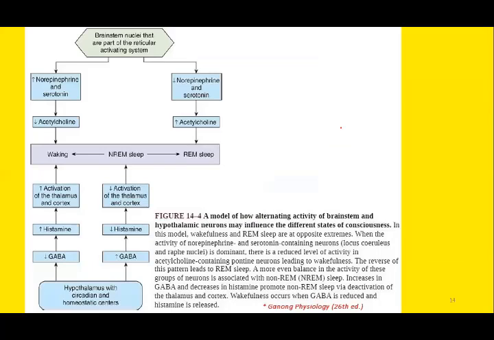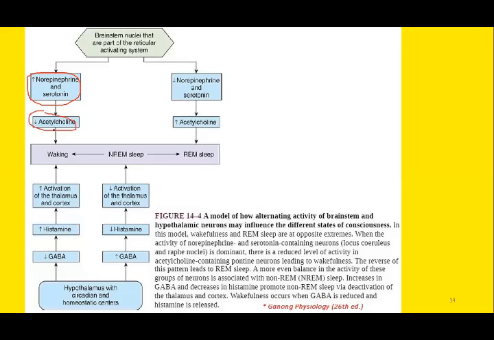Now, this figure is very important for your concept building. Here you can see how alternate activity of brainstem and hypothalamic neurons differently influence consciousness. For example, whenever there is an increase in the level of the neurotransmitters norepinephrine and serotonin, this will cause suppressed levels of the excitatory neurotransmitter acetylcholine.